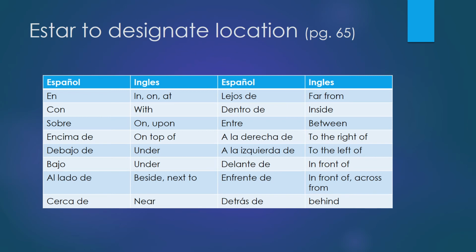En, con, sobre, encima de, debajo de, bajo, al lado de, cerca de, lejos de, dentro de, entre, a la derecha de, a la izquierda de, delante de, enfrente de, detrás de.